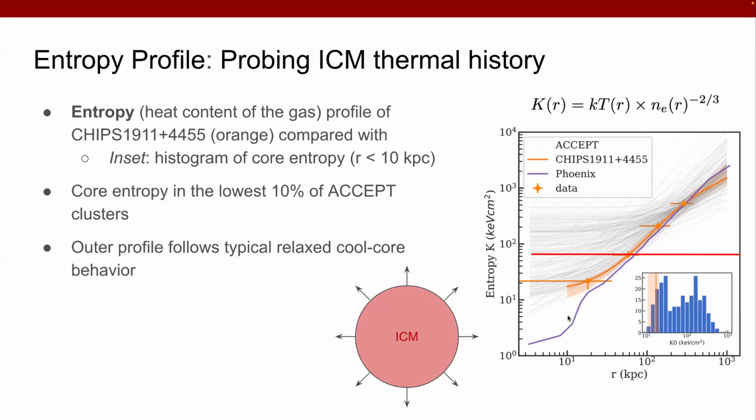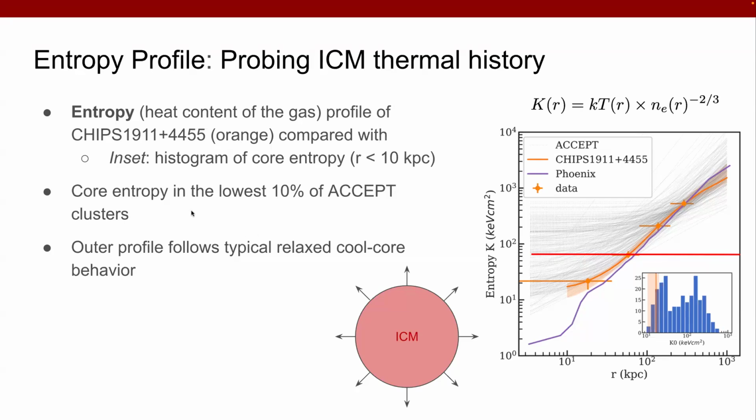That means the heat content of the gas inside the galaxy cluster near the center is the least. The hot gas has been cooled down so much that the heat content is gone in the center, and that's why the entropy of the gas is much lower in the center compared to the outskirts.